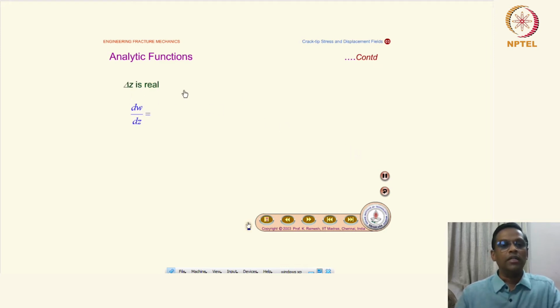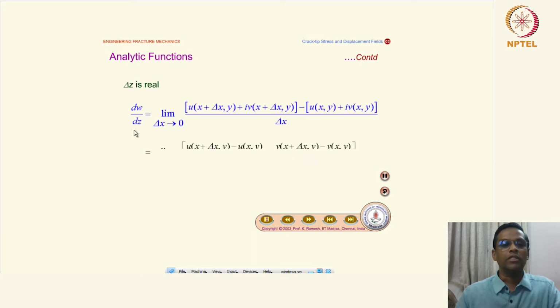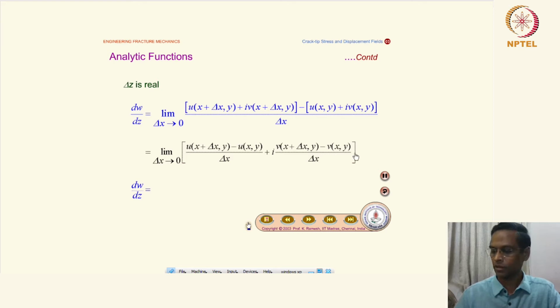So delta z is real. In this case, what happens? We can rewrite this differential form like this, where dw by dz is equal to limit delta x tends to 0. Then you can expand this equation, where u of x plus delta x, y plus i v of x plus delta x, y minus u of x, y plus i v of x, y, over delta x.